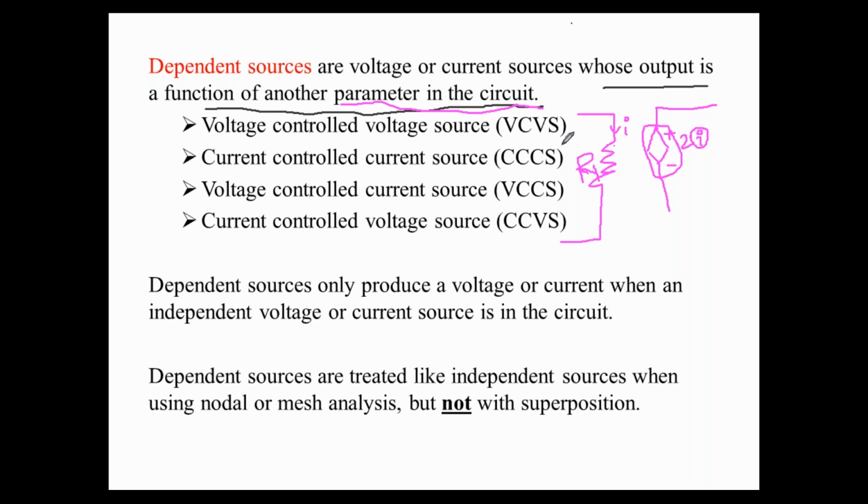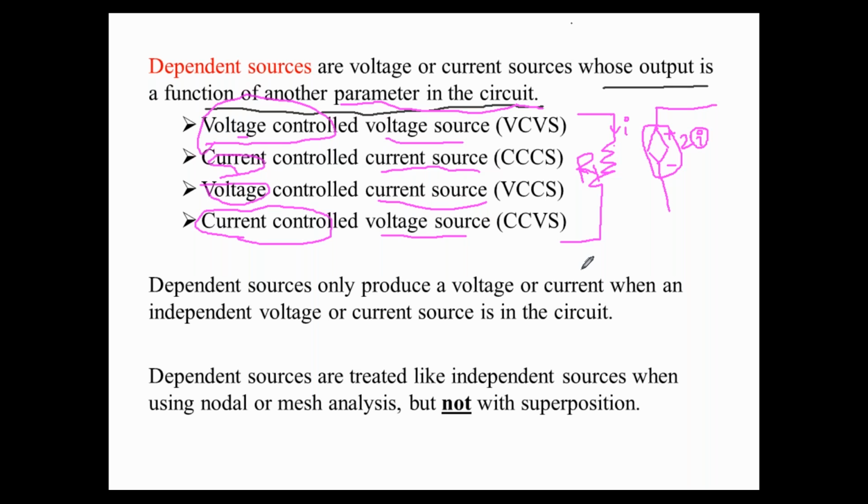So a dependent voltage source may depend on either the current through some other circuit element or the voltage of some other circuit element. The second type of dependent source is the dependent current source, whose magnitude depends on some other circuit current or voltage value.